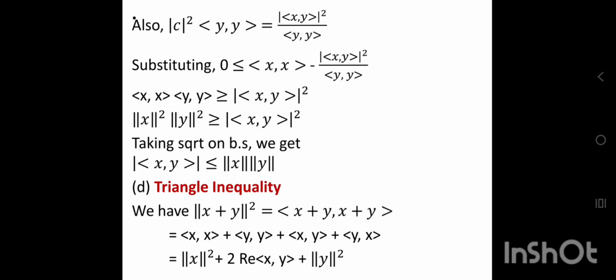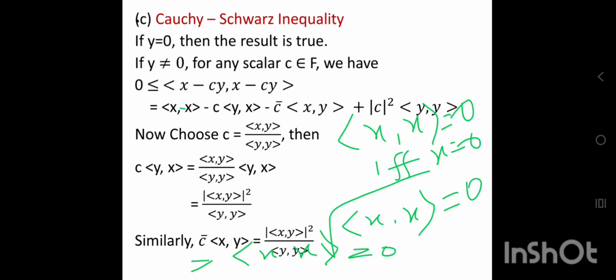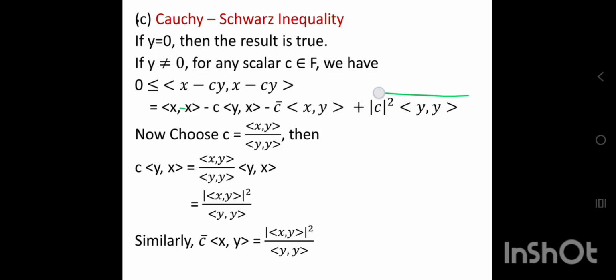Substitute all the values in 0 less than or equal to inner product x comma x minus c into this equation. You have to substitute all the values in these equations.